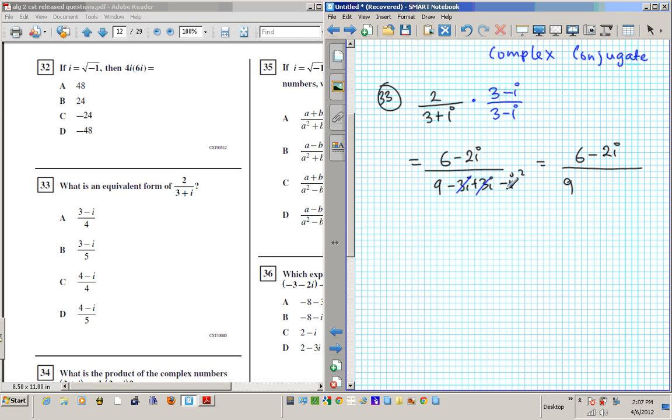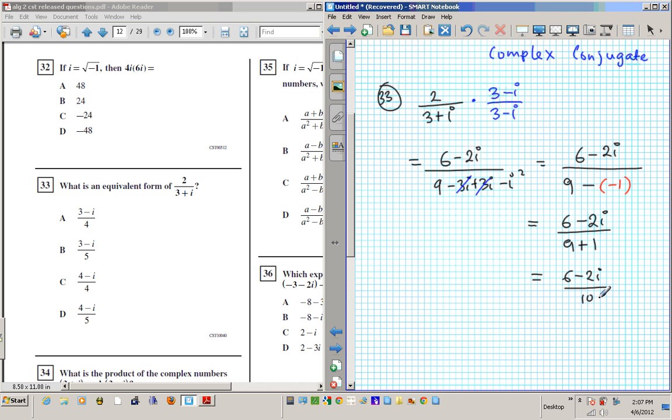It just changes the sign. So i squared is negative 1, so minus i squared is going to transform into positive 1. So it's going to become 6 minus 2i divided by 9 plus 1. Okay? So it's going to be 6 minus 2i over 10.